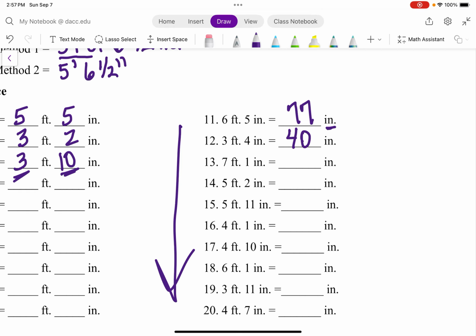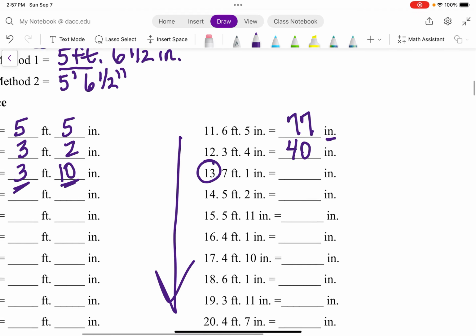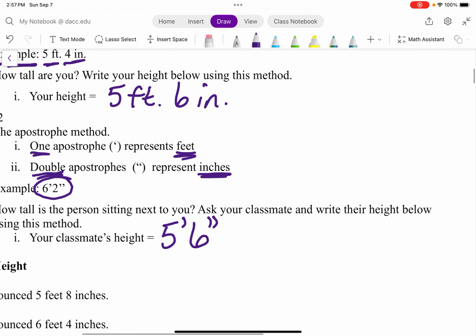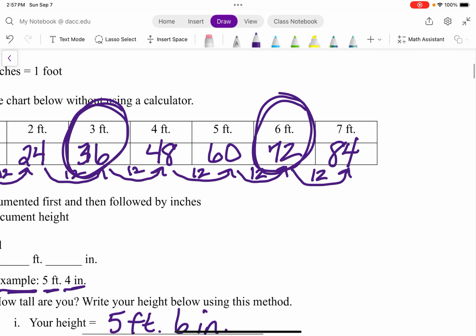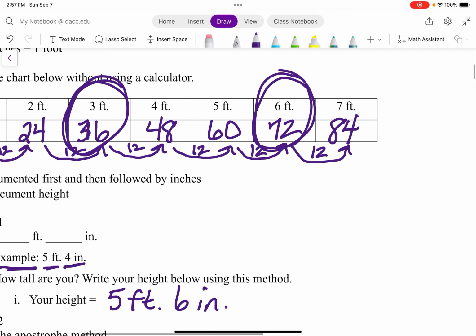Okay, so number 13, we have 7 feet, 1 inch. Let's do it the reverse. Let's go look up at our chart that we made. We know that 6 feet is 72 inches, and we know that 5 feet is 60 inches.